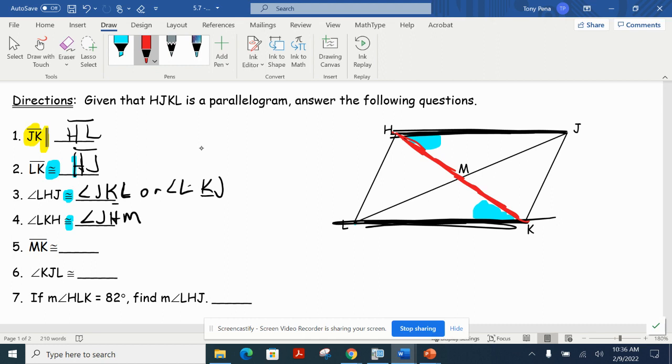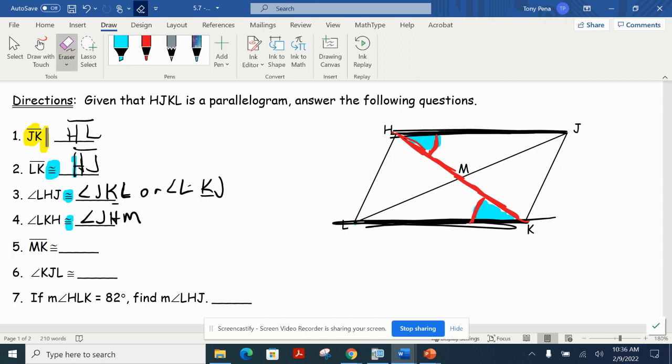So now, Hannah, what kind of angles are these? Do you know? Good. And alternate interior angles are congruent. So if this is the angle I gave you, its alternate interior angle is this one. And that's how we would know for a fact that those are congruent versus just kind of eyeballing it and assuming they are. Okay.